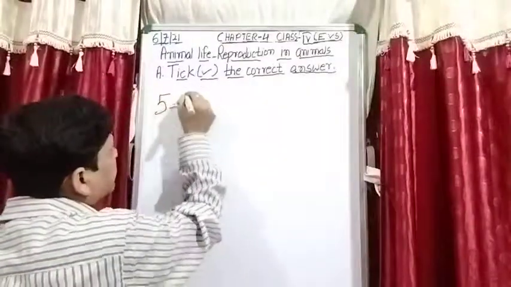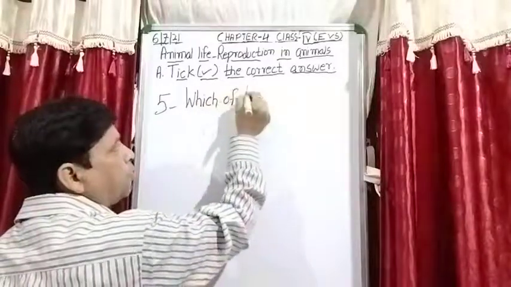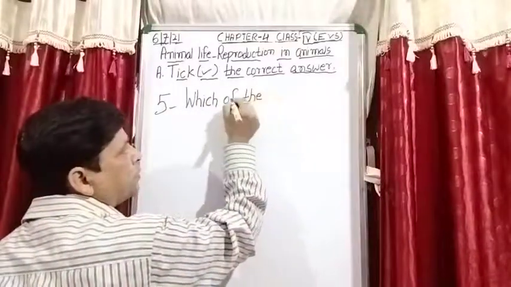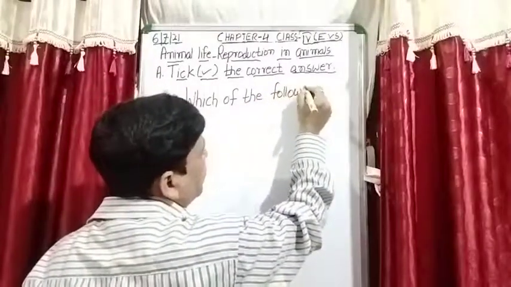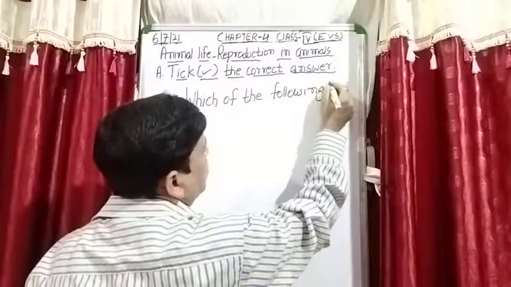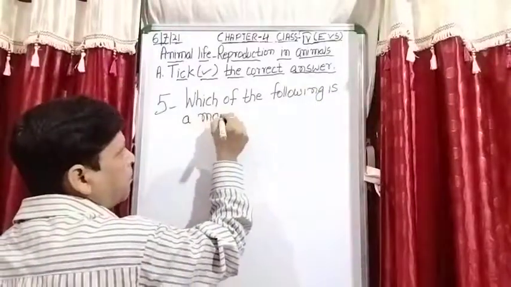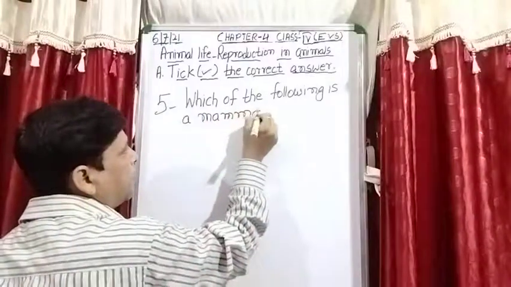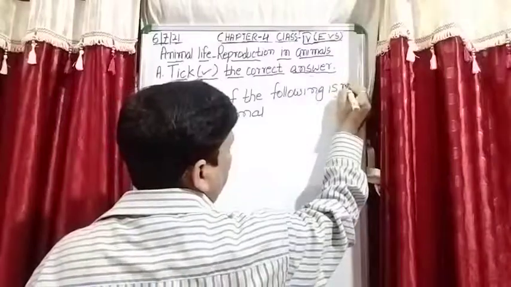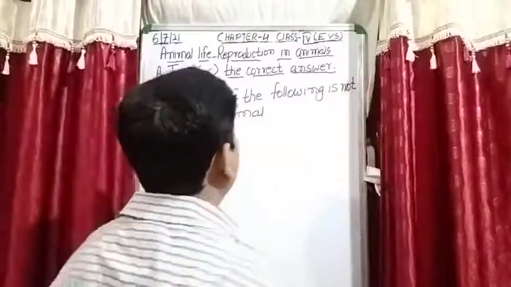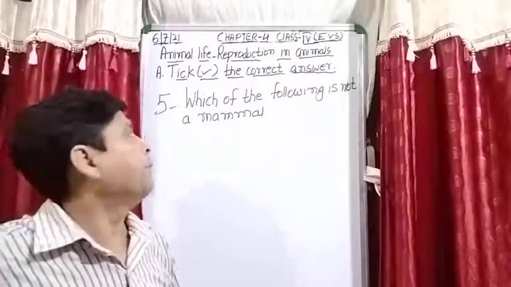Fifth one, which of the following is not a mammal?